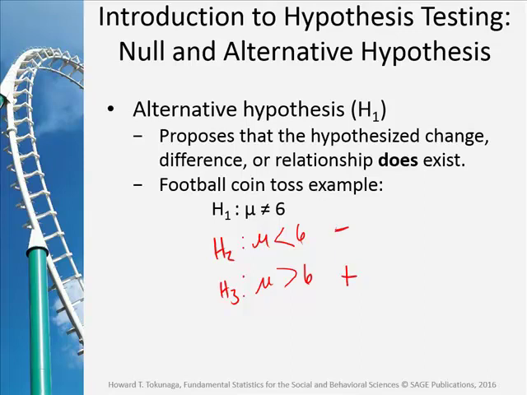Because these alternative hypotheses are actually saying three different things. This is saying that there is an effect, right? That you're going to win not 6 games. This is saying it's a bad effect.